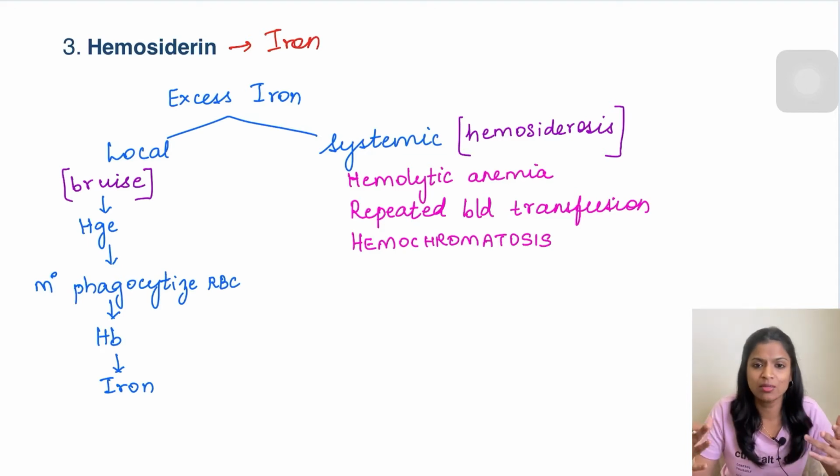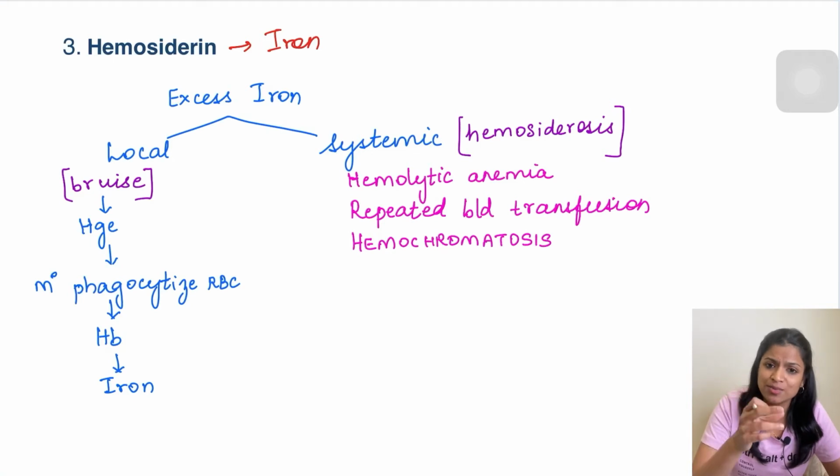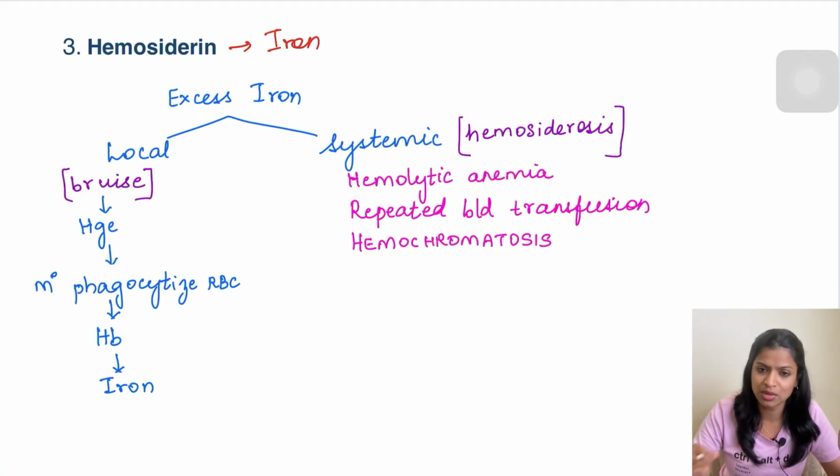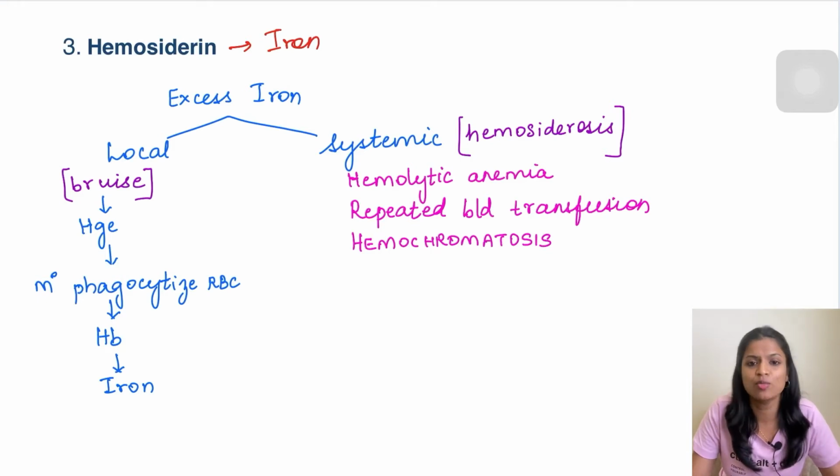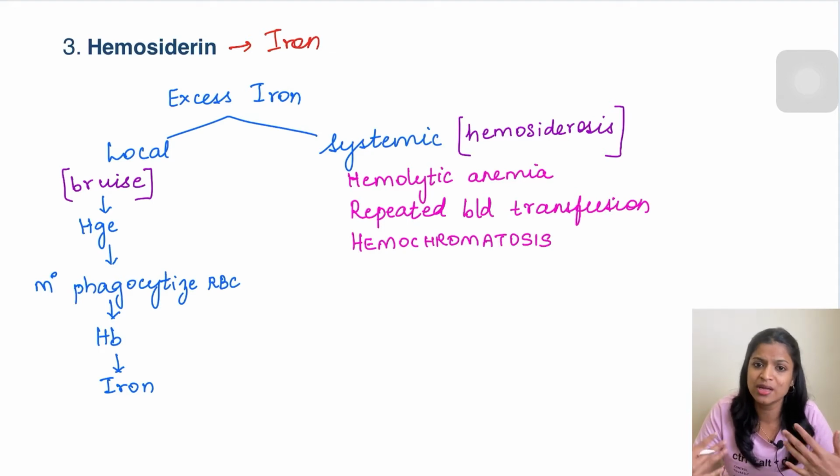As the name suggests, hemo means blood, lytic means lysis, so the RBCs are getting broken down. Whenever RBCs are broken down in excess, the hemoglobin's iron gets stored in the body. Similarly, when the patient is receiving repeated blood transfusions, iron is again being received. In both of these conditions, we get to see hemosiderosis.